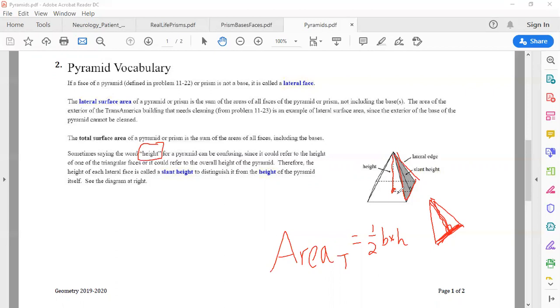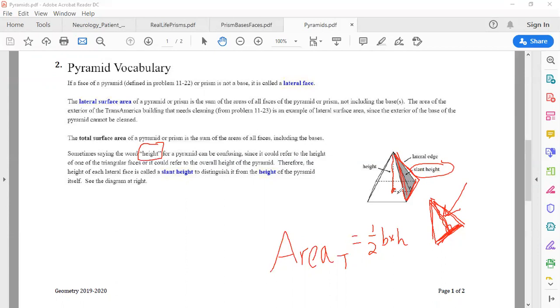altitude, okay? So when we talk about the area of a pyramid, we're talking about the area of this triangle slanting on the side here. So if they give you the height of the pyramid, that is not the height you need to use. You need to find this altitude, and that is called the slant height.